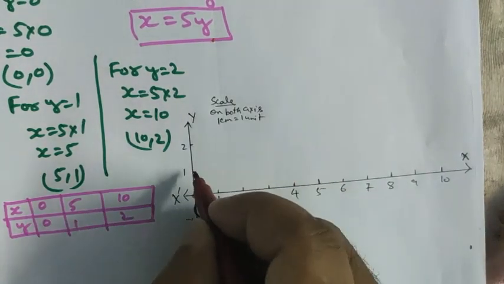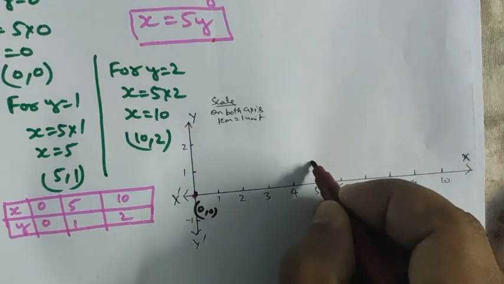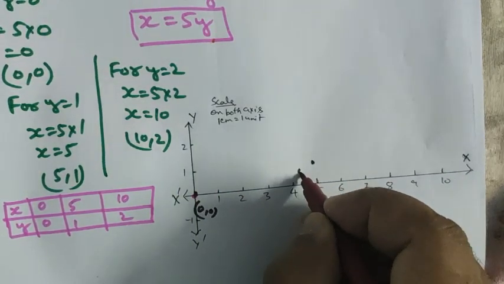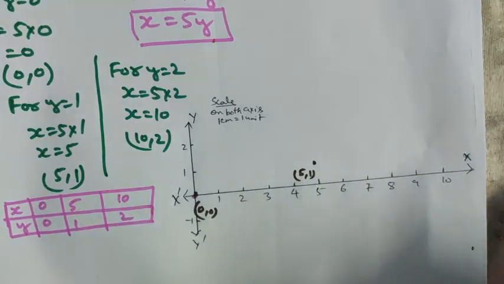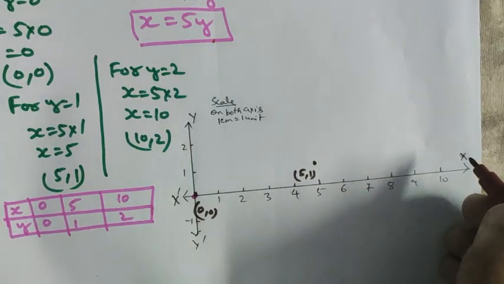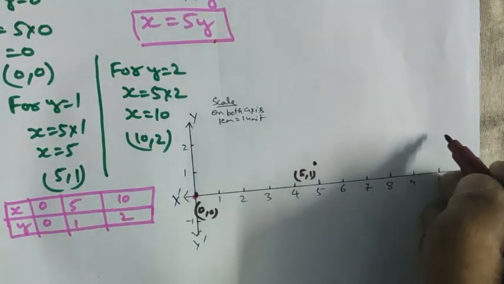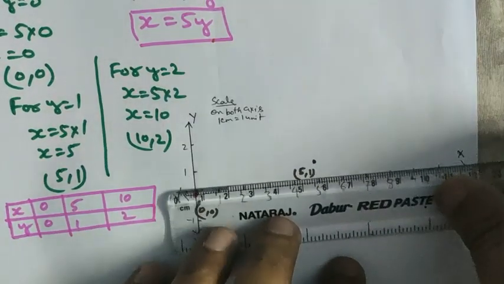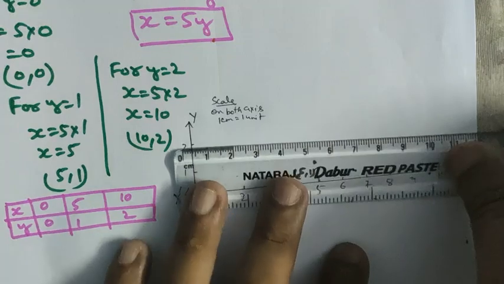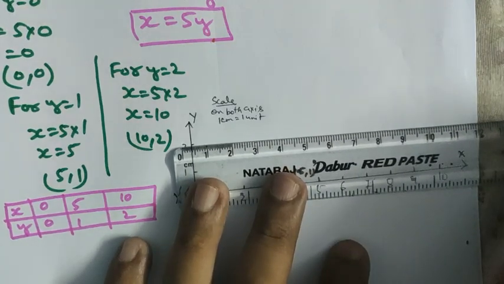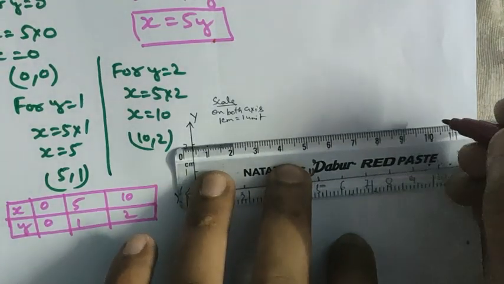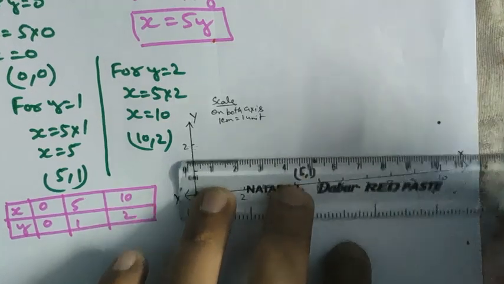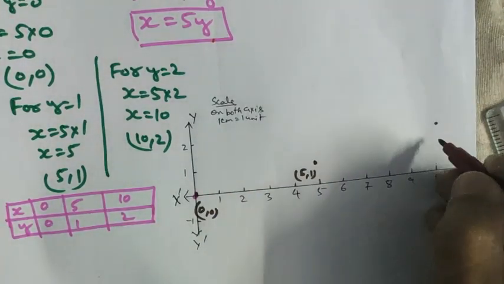This is 5 and this is 1, so it will be somewhere around here. The third point is 10 comma 2. If we take the help of a ruler, 5 comma 1 is correct and 10 comma 2 will be around here.